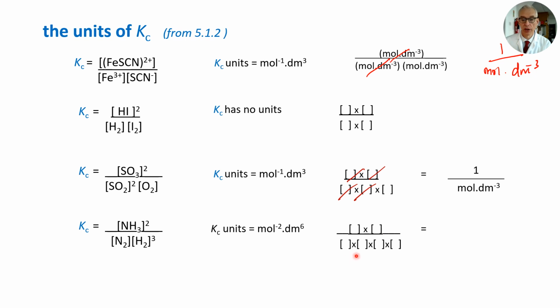And then we've got concentration to the power of 4 on the bottom. So if we cancel, we're left with 1 over moles squared times decimeters to the minus 6. Bring those to the top line, we end up with moles to the minus 2 decimeters to the power of 6.